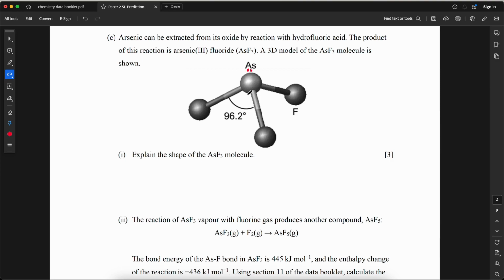So the shape would be trigonal pyramidal, as it has 4 domains, 1 lone pair, and 3 As-F bonds. Okay, so the shape would be trigonal pyramidal.